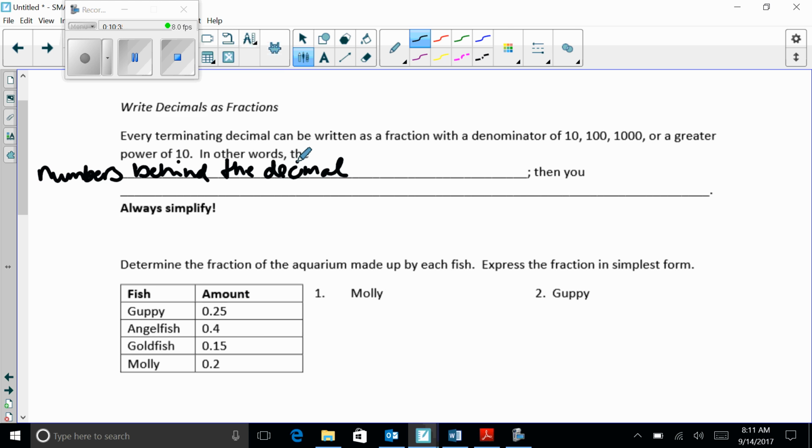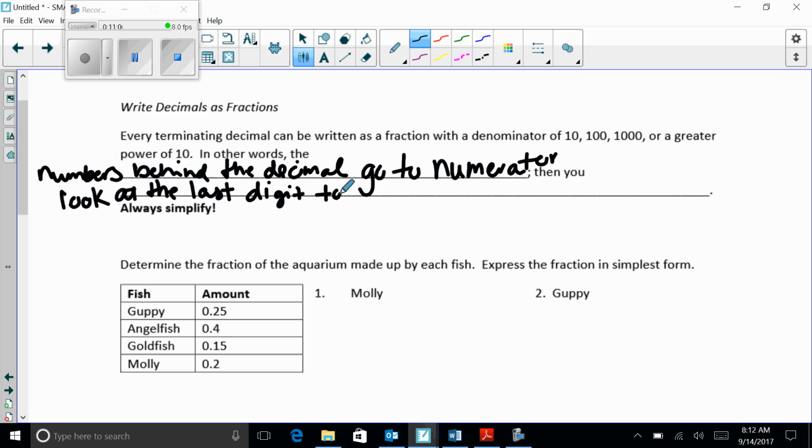So I'm going to say numbers behind the decimal go to numerator. And remember, that is the top of our fraction. Then you look at the last digit to figure out your denominator.